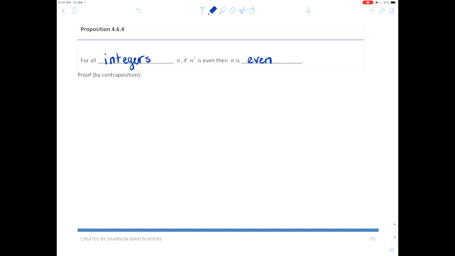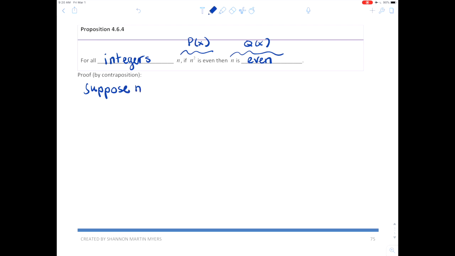So what is the Q part? The Q part, this is like the Q of x, is here, right? The P of x is here. So we need to suppose the negation, that n is not even.